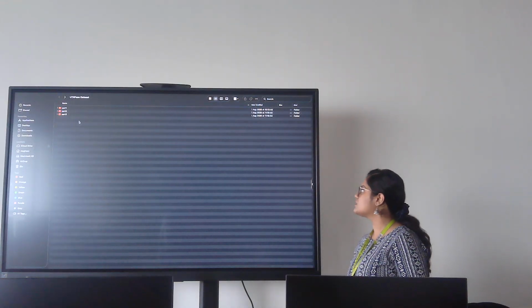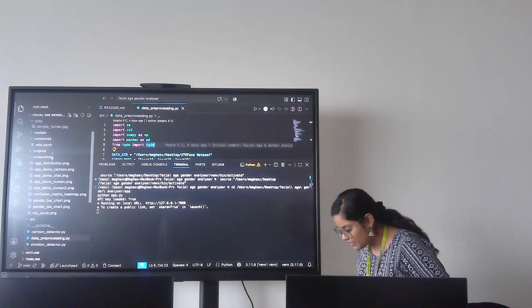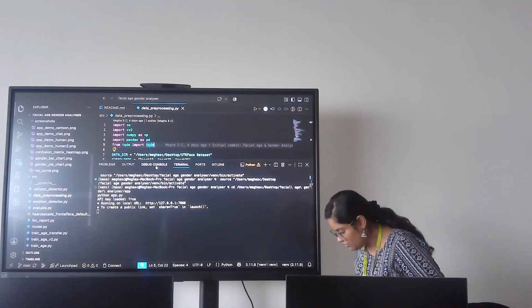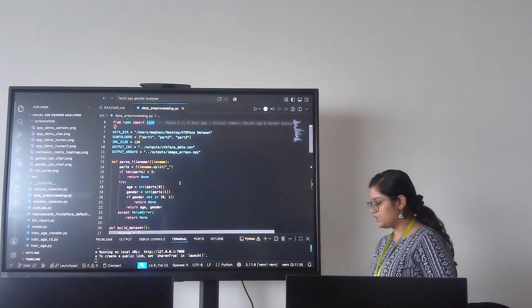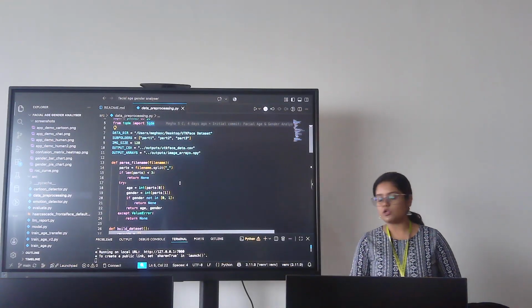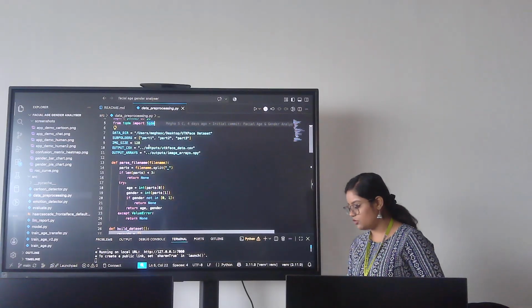Then, first I pre-process the data. For data pre-processing, as the data set was divided into 3 parts, I had to merge the data into one part.